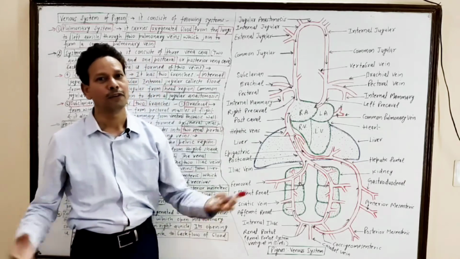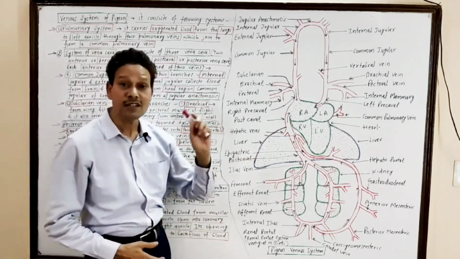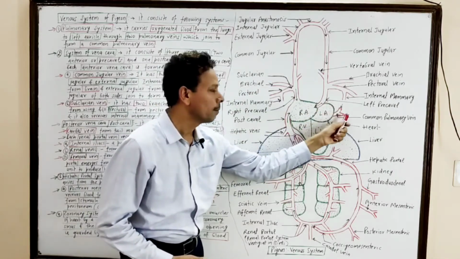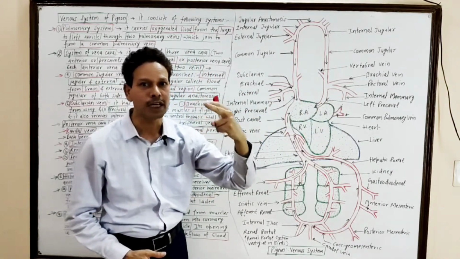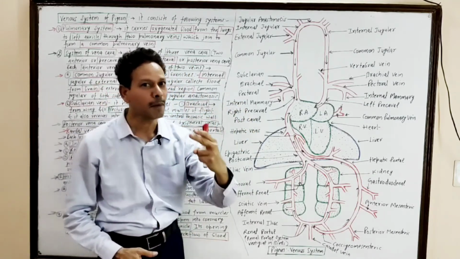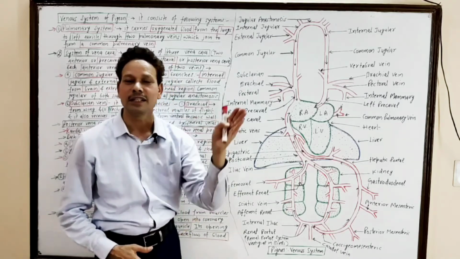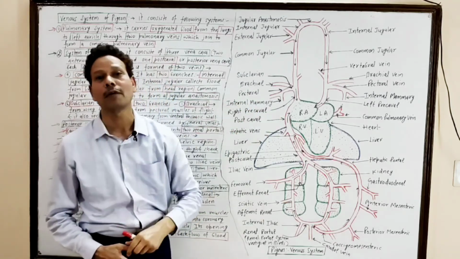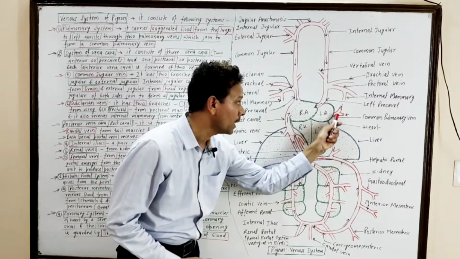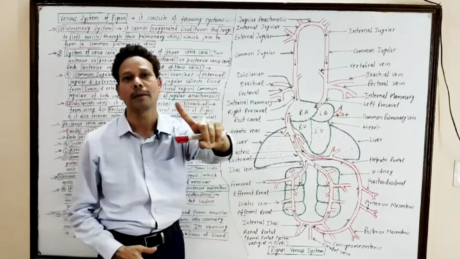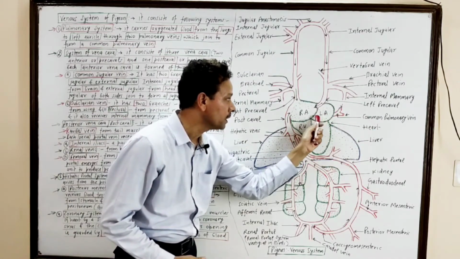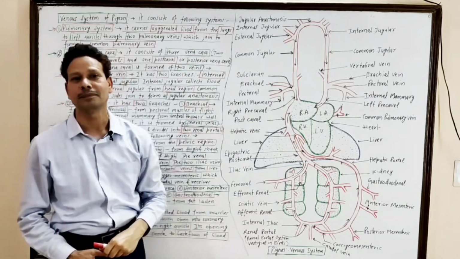In this pulmonary system, oxygenated blood from the lungs is carried via the left and right pulmonary veins. It means from the lungs, oxygenated blood is carried by a pair of blood vessels. These are the right and left pulmonary veins, and both unite to produce a common pulmonary vein, and this common pulmonary vein opens here in the left atrium.